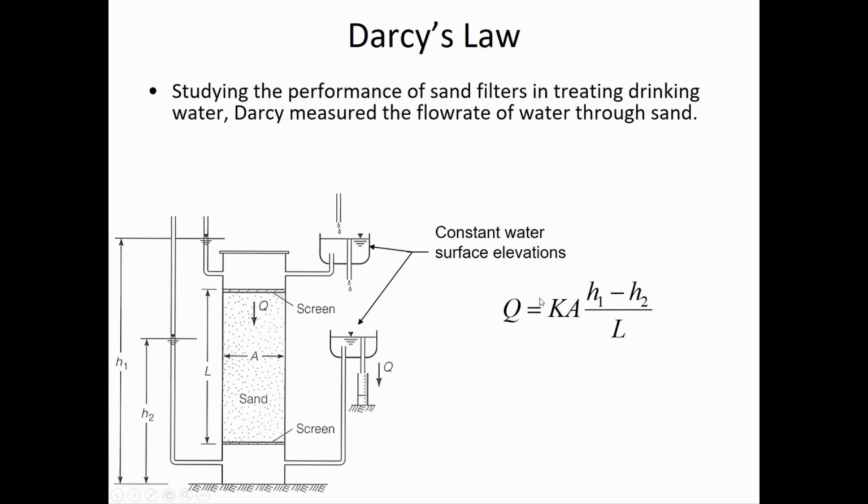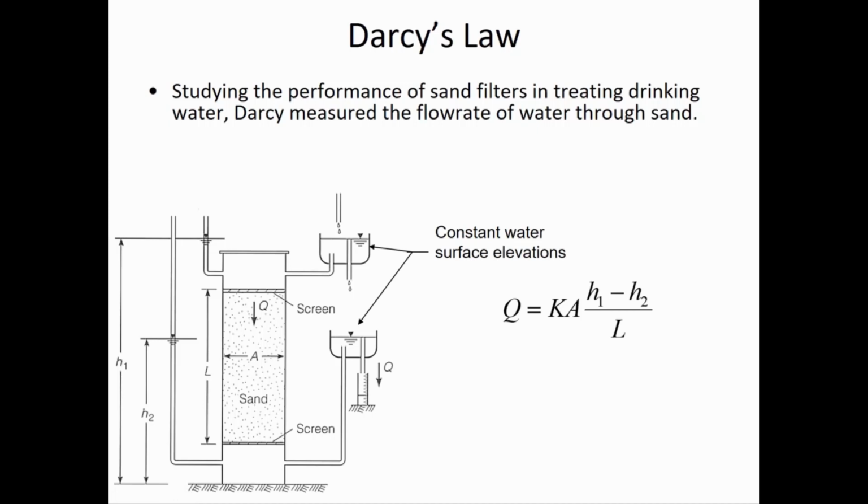And this proportionality factor K will tell you what the flow rate through that soil is going to be. If K is bigger, that means you'll have a higher flow rate for a certain driving force. And it's this delta H divided by the length of the soil column that it's flowing through, that's the driving force. It's kind of what's pushing the water through the soil, the difference in elevations.